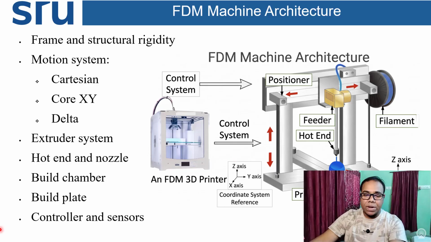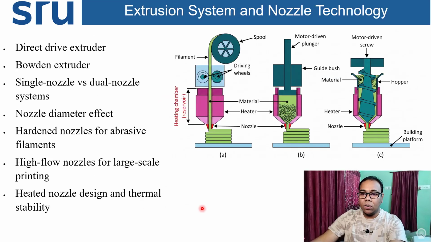Similarly, we have already discussed the build platform, controller and sensors. Now coming to the extrusion system and nozzle technology. Here in this image I have presented different configurations showing how the wire filament comes in, melts and comes out from the nozzle. In the first image you can see that a wire filament is directly coming in, driven by the driving wheels.